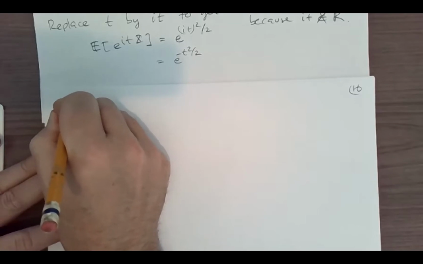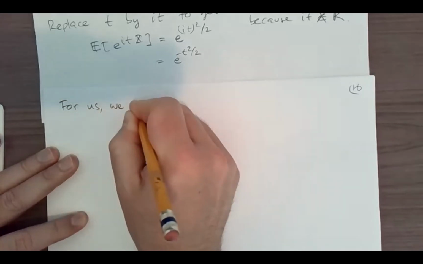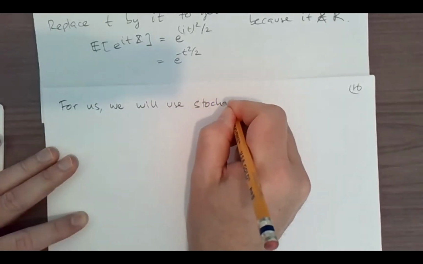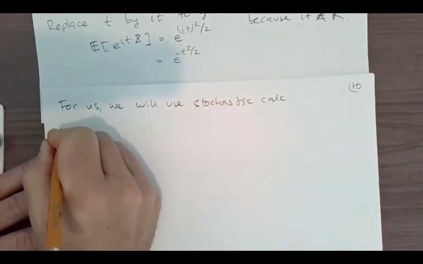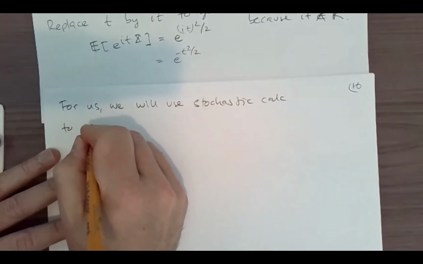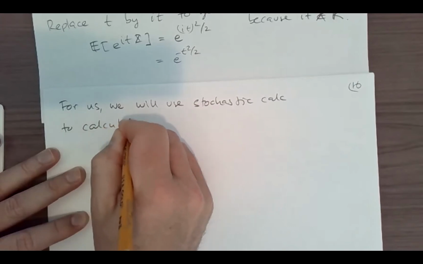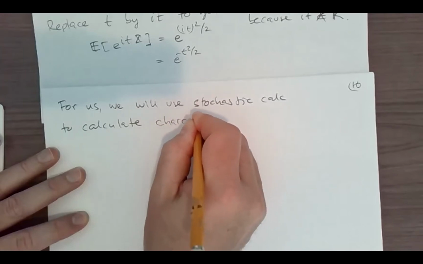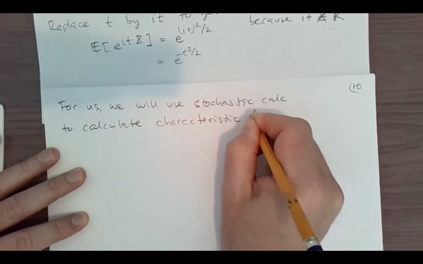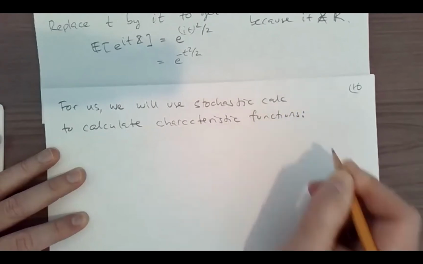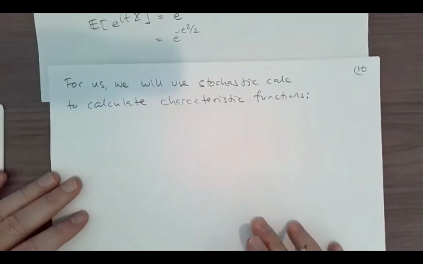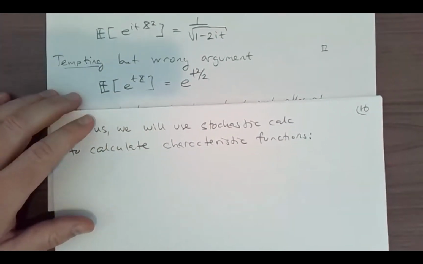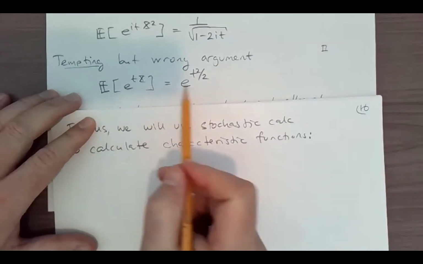So for us, we will use stochastic analysis or stochastic calculus to calculate characteristic functions. And we're going to start out by rederiving the formula that Alice mentioned, this one here.